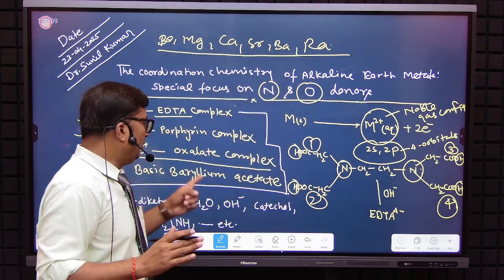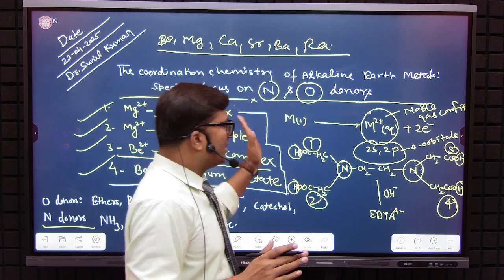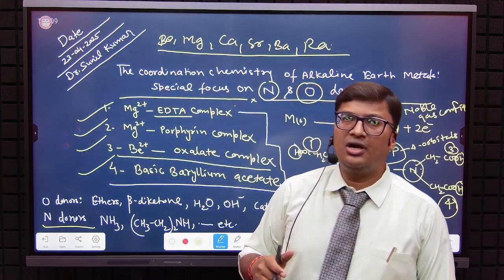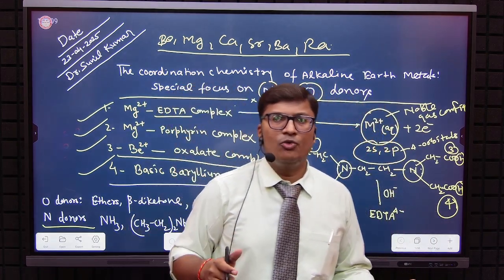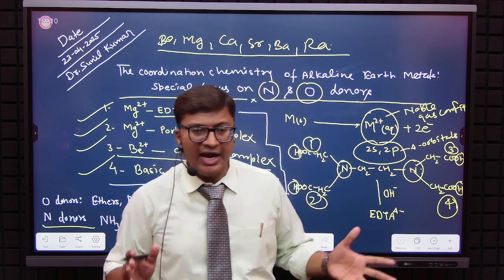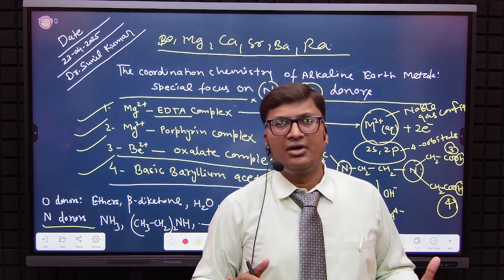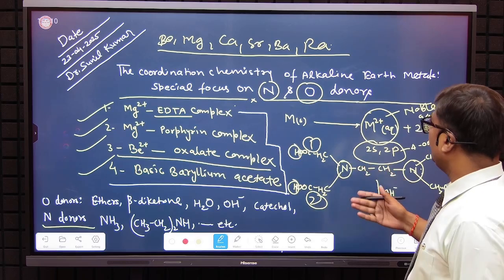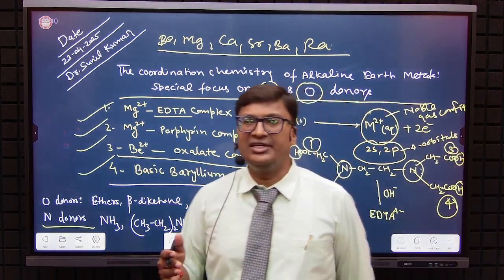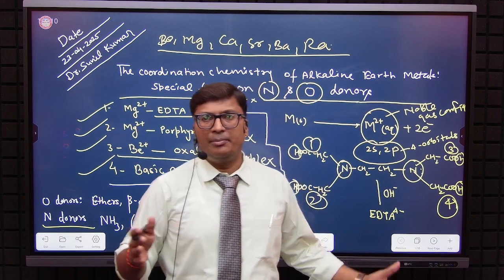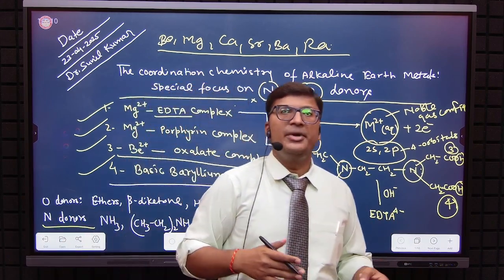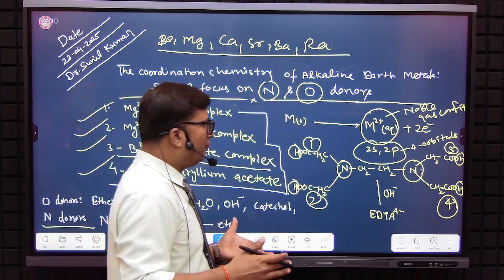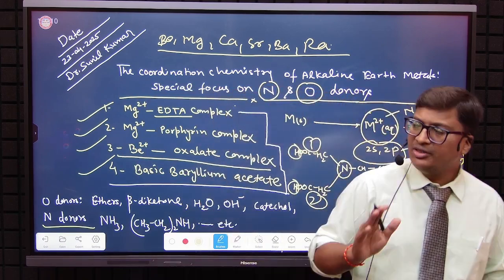Hopefully this lecture is beneficial, exciting and inspiring for improving your knowledge of chemistry in the field of coordination chemistry, especially in the particular oxidation state of the metals. These are the aspects of alkaline earth metals and their coordination chemistry.